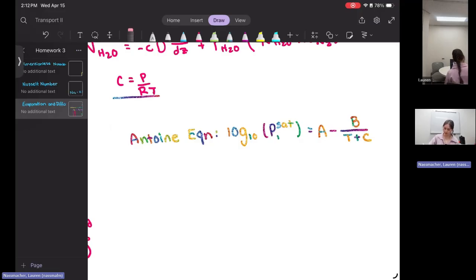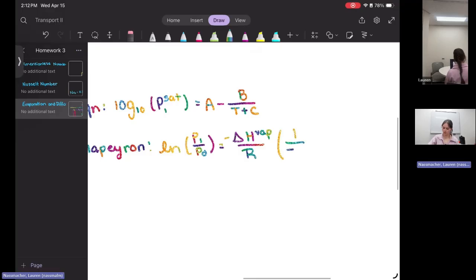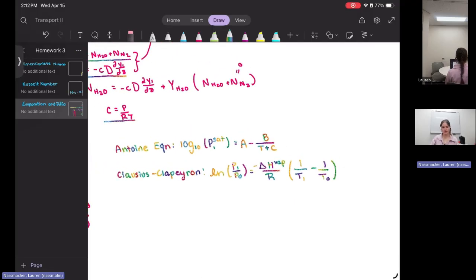If you have those available, use that. And for Clausius-Clapeyron, assuming that the gas behaves like an ideal gas, we have the natural log of P1 over P naught equivalent to negative change in enthalpy of vaporization over the gas constant, multiplied by 1 over T1 minus 1 over T naught. So these will be used to help find your pressure, which you can use to find the concentration.